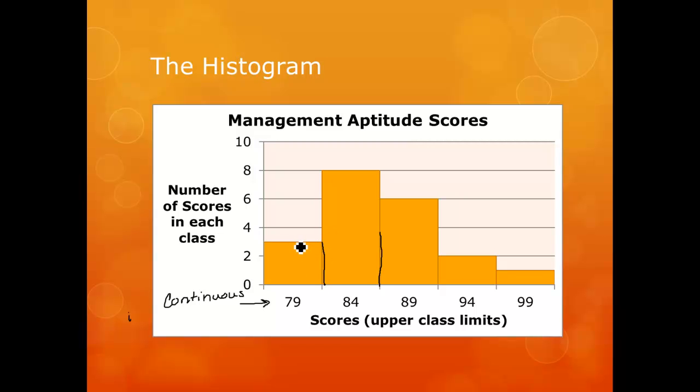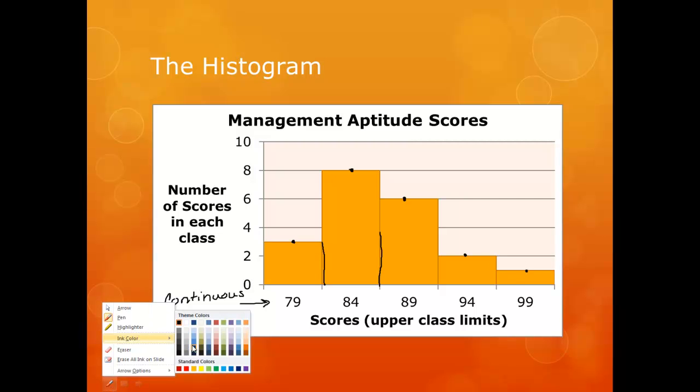I could also do a frequency polygon on this, where I would mark the midpoint of each bar and connect them. I do talk briefly about constructing a bar graph by hand. This is just another way of representing data. I'm going to change the color of my pen. We'll make it blue.